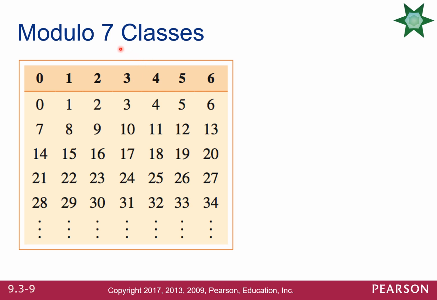They've listed all the values, and this can go on and on infinitely, but they've listed in this table the values when divided by 7 and placed them under the appropriate remainder that it would result in.